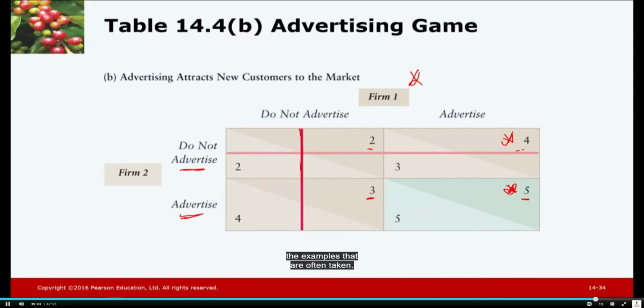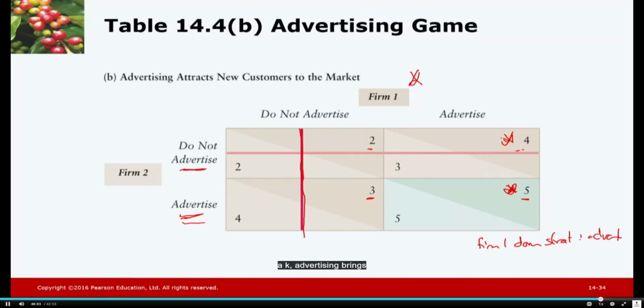So we find you can rule out not advertising. Firm one has got a dominant strategy to advertise. So regardless of what firm two does, we can see that it should advertise. Okay. Now let's do this for the other firm.